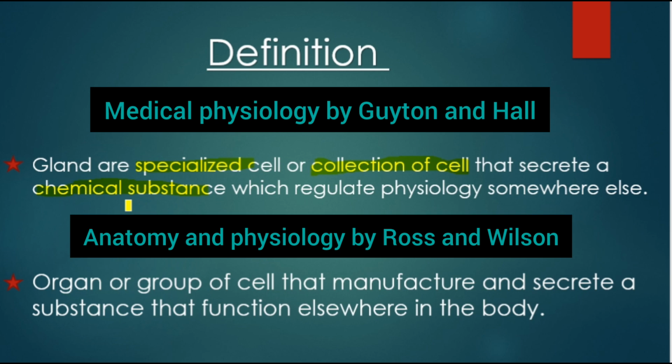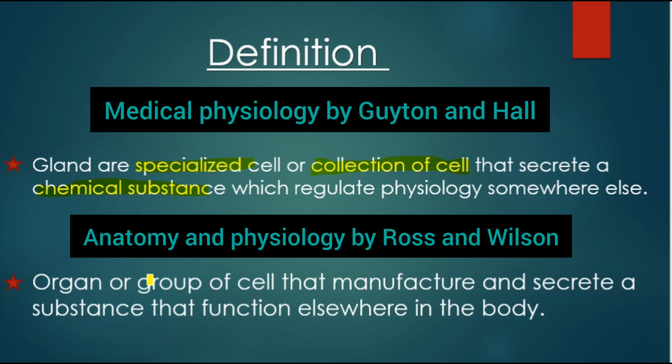When these glands secrete the chemical substance, it regulates physiology somewhere else, meaning it acts on the target cell where it performs a specific function. Such a cell, or collection of cells, is called a gland.